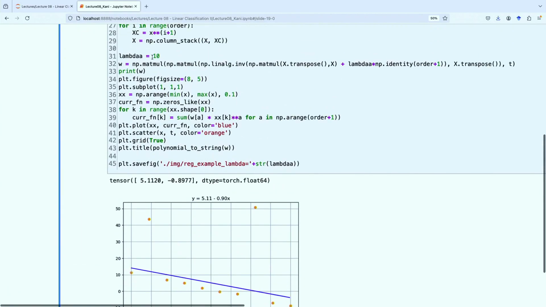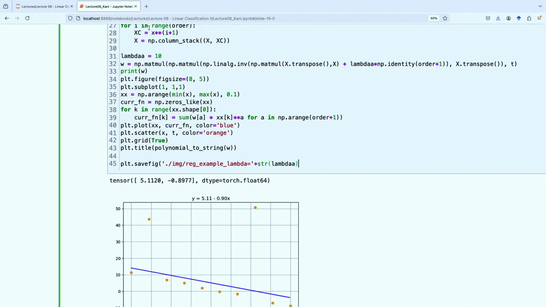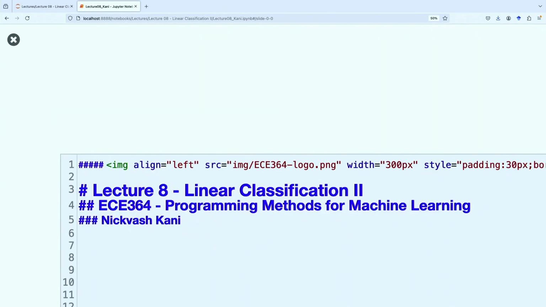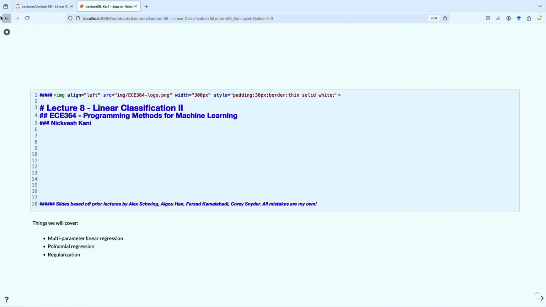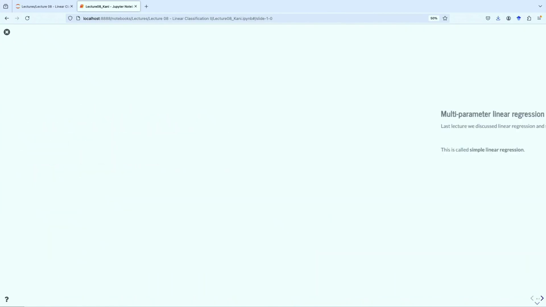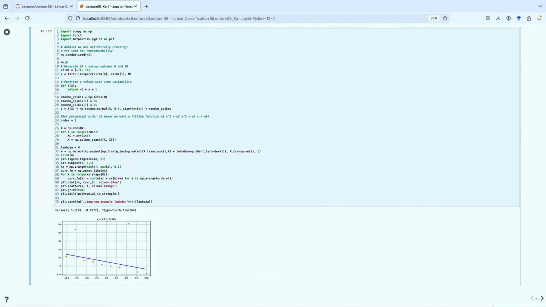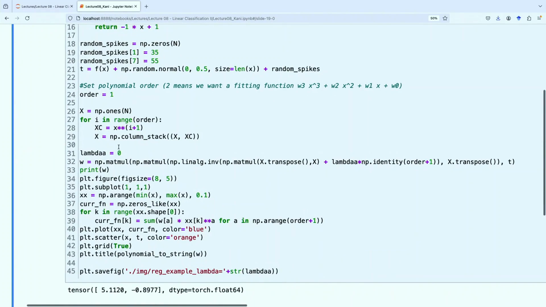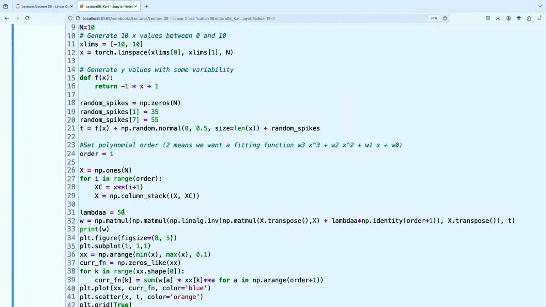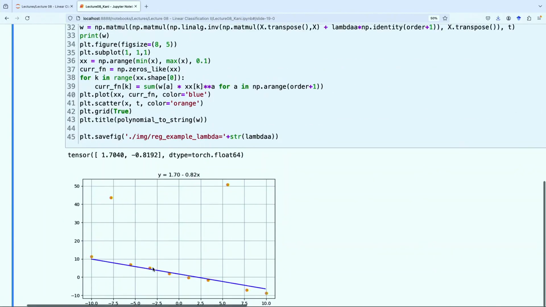Let's just make lambda equal to 50. Then we get something that's pretty much bang on these other values, and we've minimized the effect of the spikes, right?